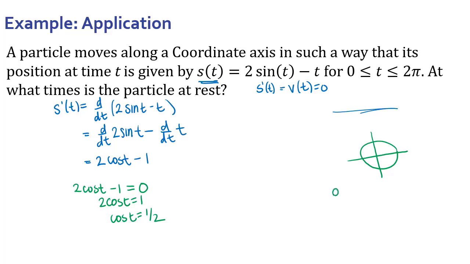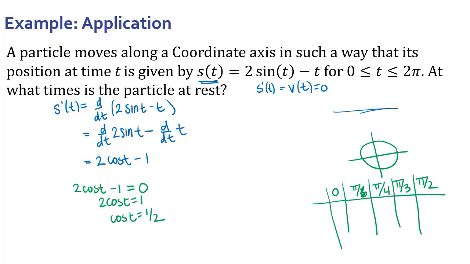Now, if you recall back in our trig days, we learned this chart. It should be 0, pi over 6, pi over 4, pi over 3, and pi over 2, and we've got sine, cosine, and tangent.